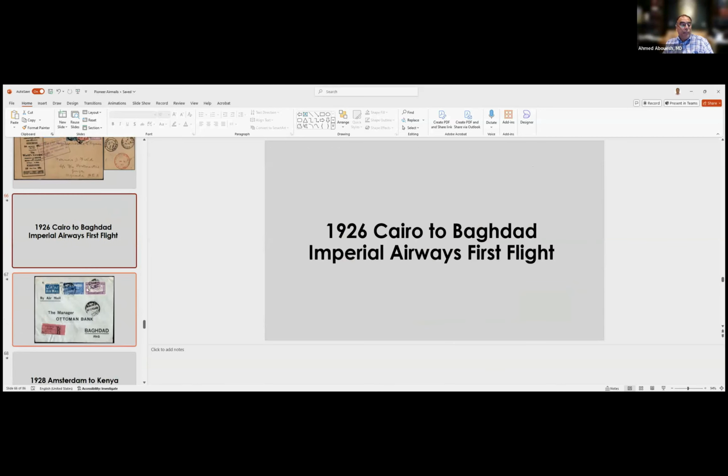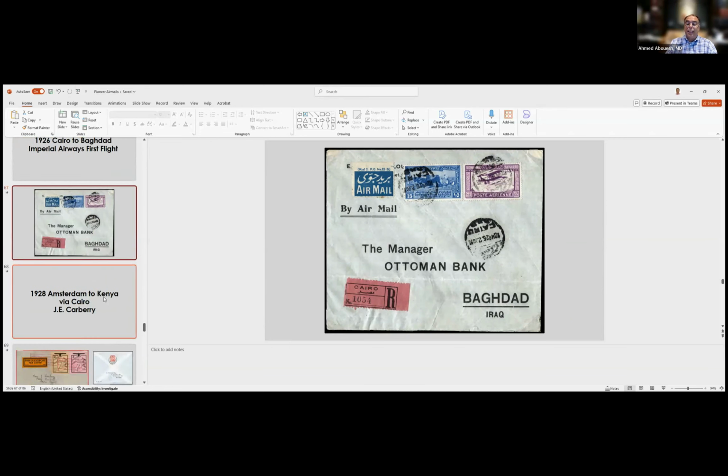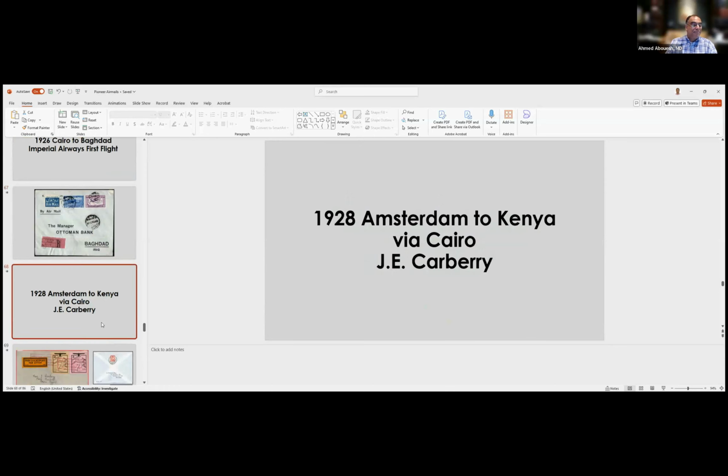I'm not sure a lot of people would consider the 1926 Cairo to Baghdad Imperial Airways first flight to be a pioneer flight, but in homage to our first airmail stamp, I thought I'd sneak it in.